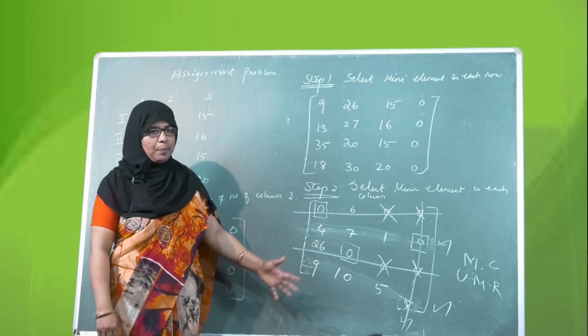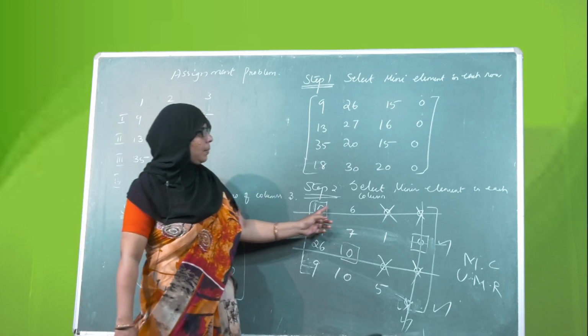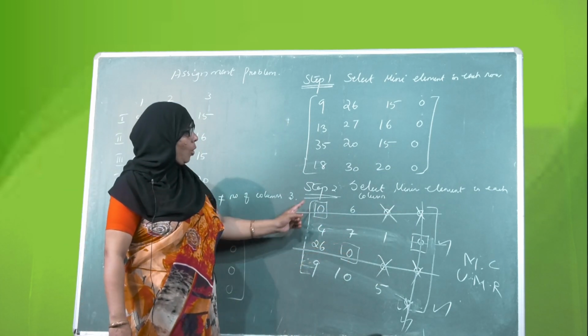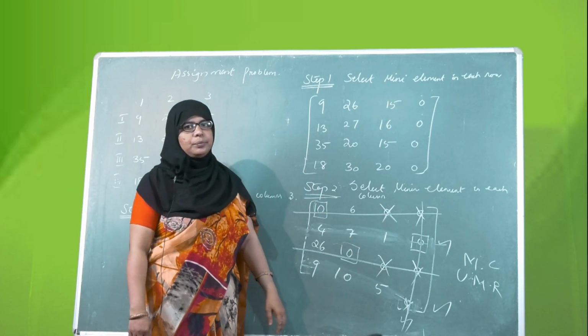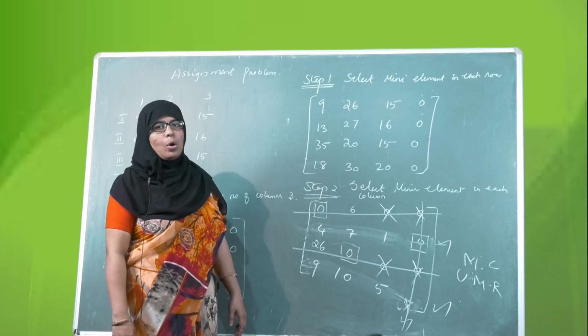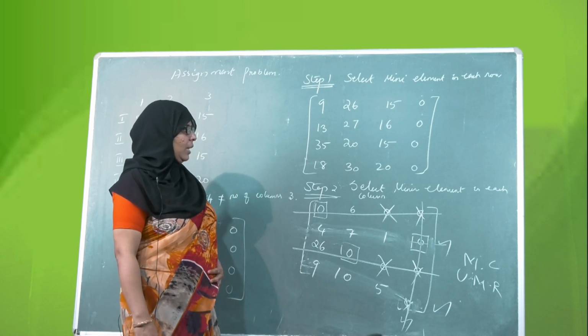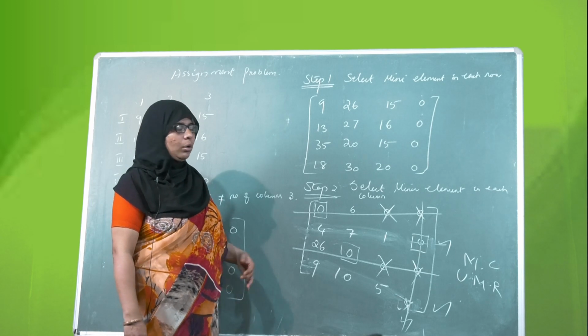In this marking, all the zeros have to be covered. In that marking, all the zeros have to be covered. Otherwise, you make it wrong.